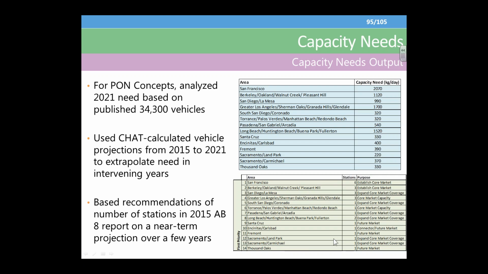So essentially what we did was we said, okay, over the next 3 to 4 years, each of these areas has a capacity need. And if we assume that stations maintain an average over the next 3 years of 180 kilograms per day, that means that you're going to need, at least in capacity terms, this number of stations. So our number of stations is based simply on capacity, whereas the prioritization and the identification of where they need to go is based on the coverage in the market.